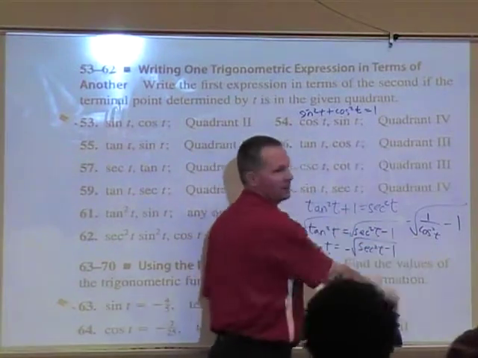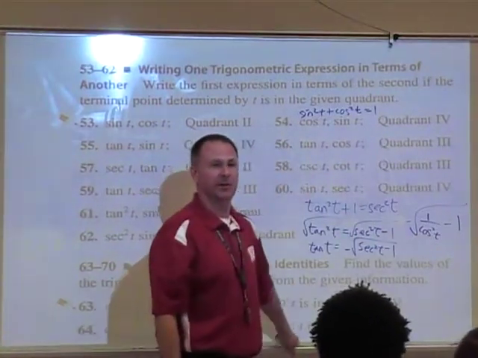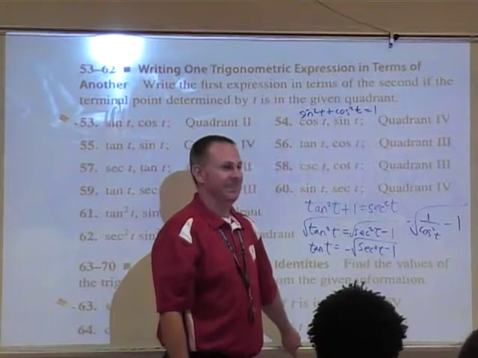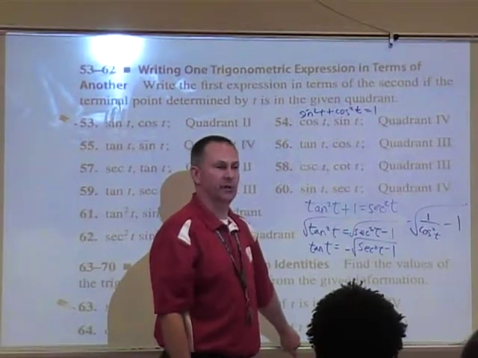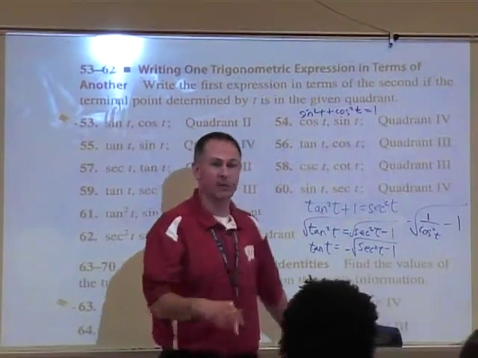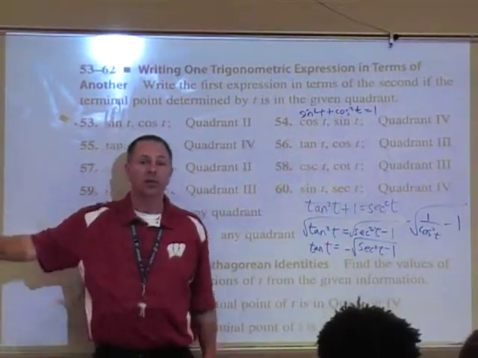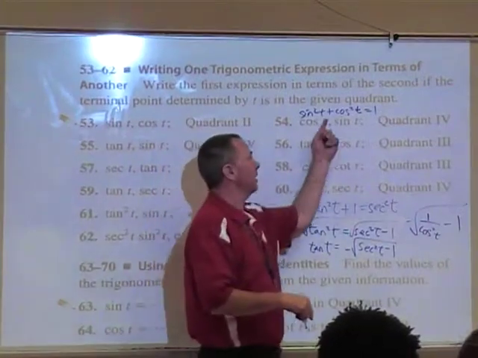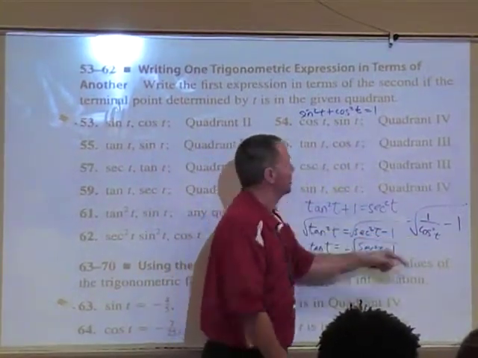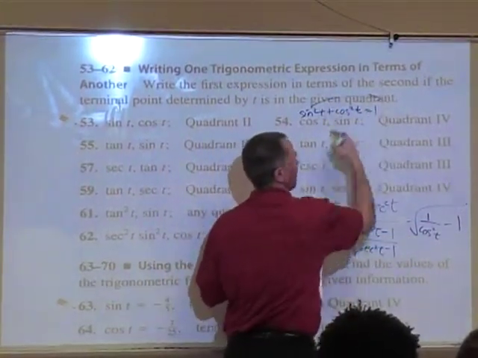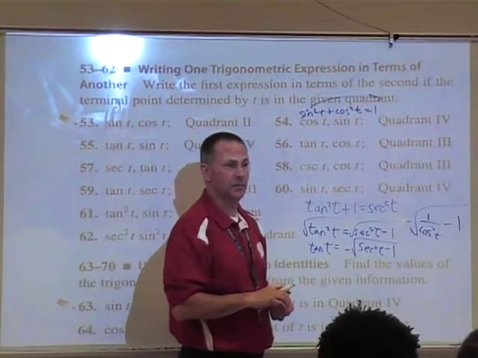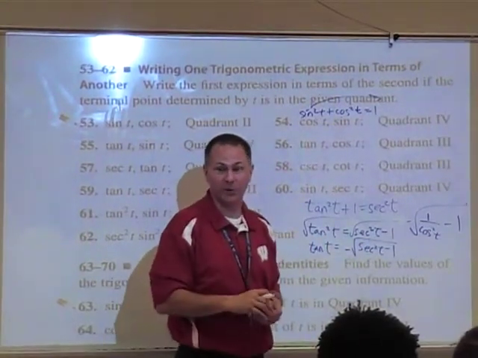This is really 1 minus sine squared of t in the denominator, isn't it? Yes, you have to use all these Pythagorean identities to switch them. Sometimes you're just going to flip them over and you'll get the function you want. Sometimes you have to manipulate the Pythagorean identity to get what you want. Cosine squared is equal to 1 minus sine squared, isn't it? And therefore we have sine on the right side.